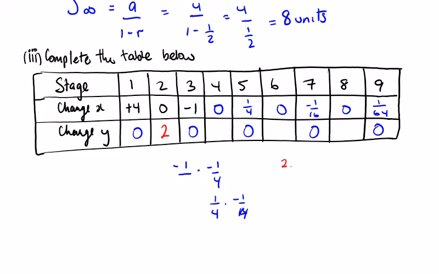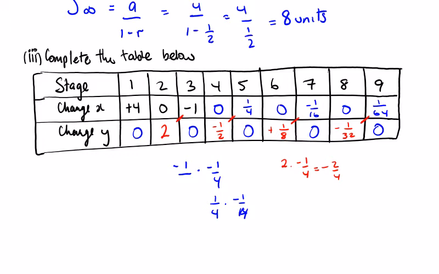So 2 by minus 1 over 4 is going to be minus 2 over 4, which is minus a half. So it's going to change signs. It's going to be plus 1 over 8, 1 over 4, and then minus 1 over 32. And you can see the relationship between these is a half, or minus a half. So that's the table complete.